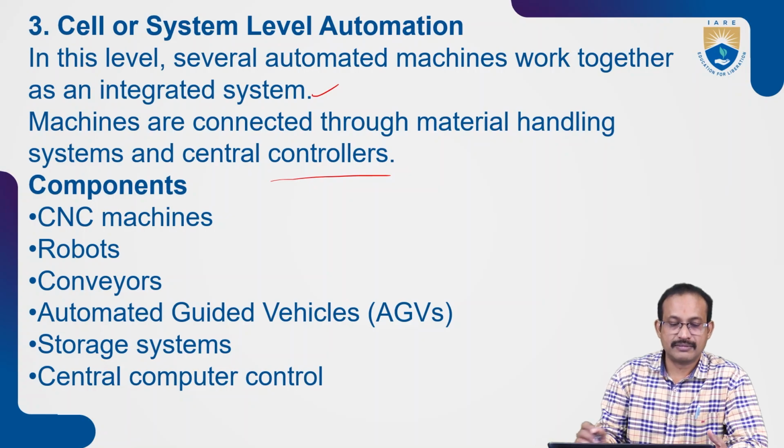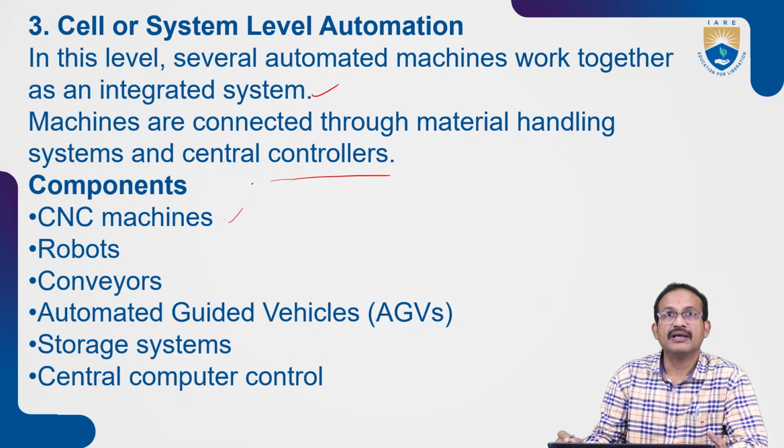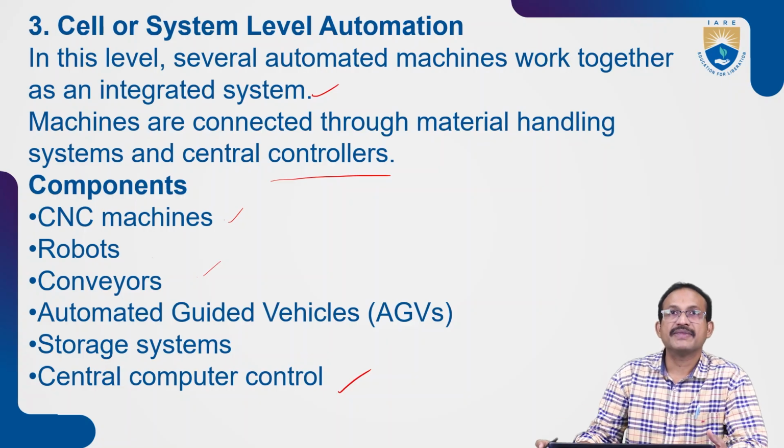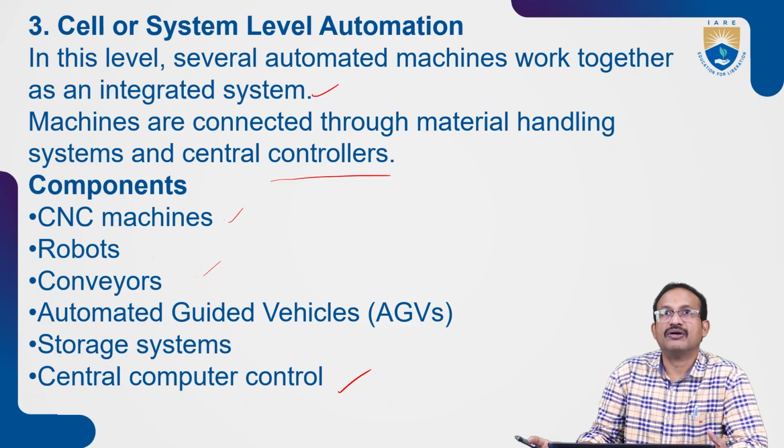Components: CNC machines, robots, conveyors, AGVs (automated guided vehicles), storage systems, and central computer control.